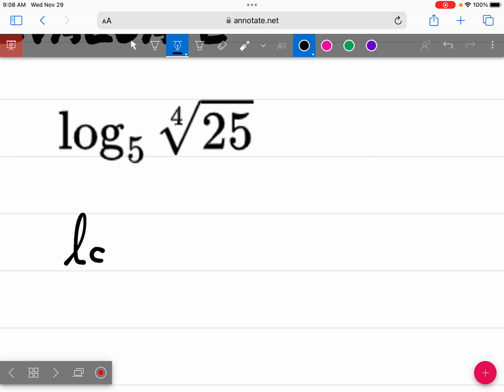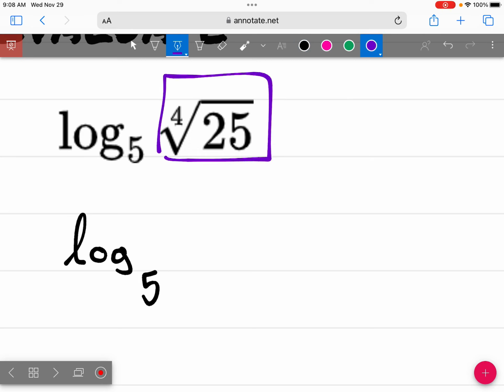Log base 5 of what? How can I rewrite this 4th root of 25? It's 25 to the, you're super close, it's actually the 1/4. Our index is the denominator, so this 4 becomes the denominator of our exponent.